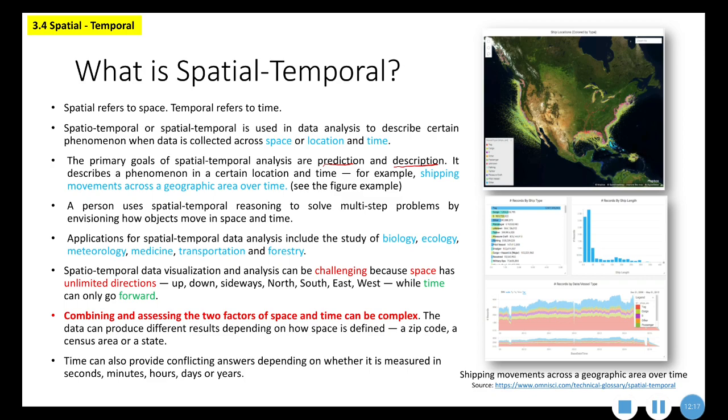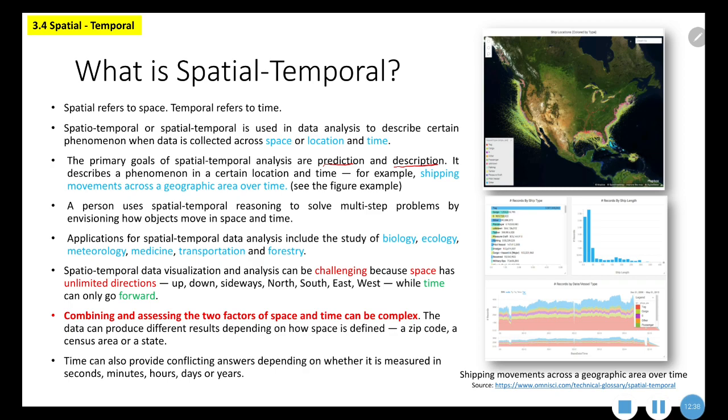Combining and assessing the two factors of time and space can be very complex. The data can produce different results depending on how space is defined. For example, we can use zip code, a census area, or a state.